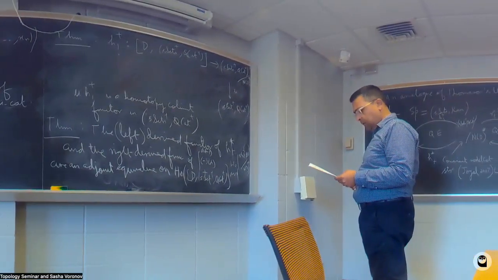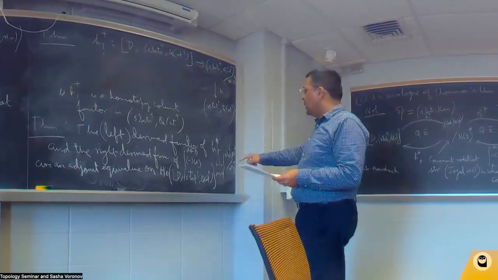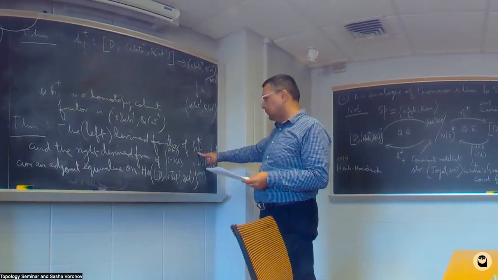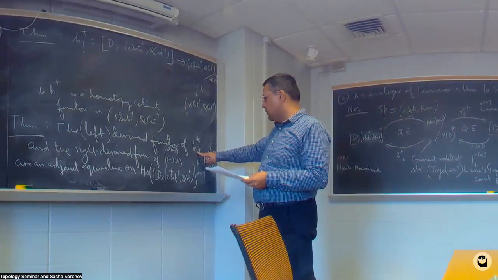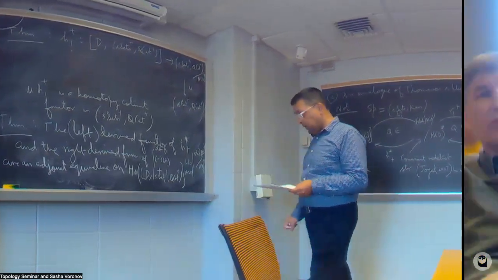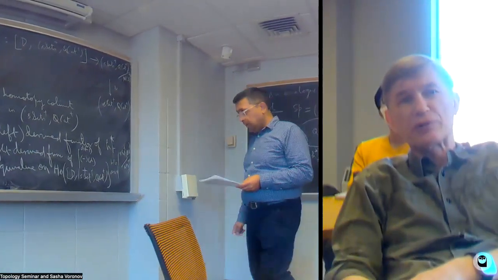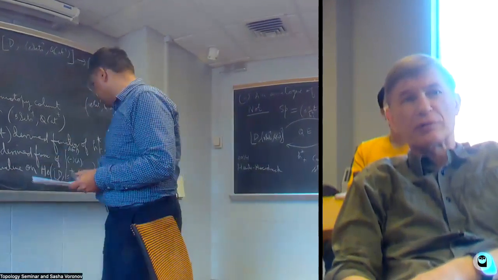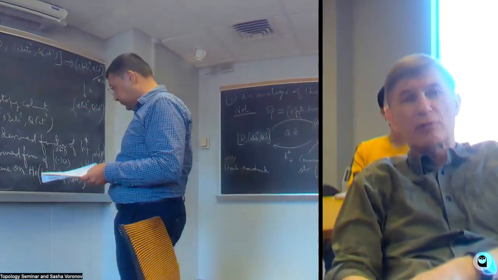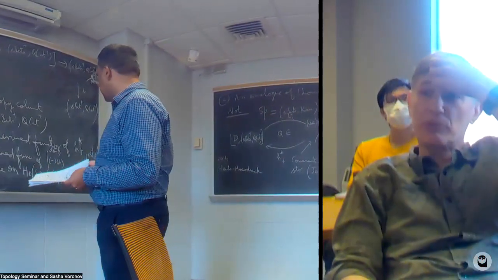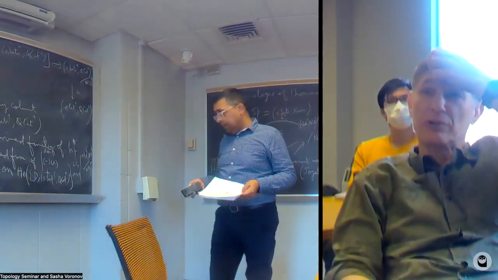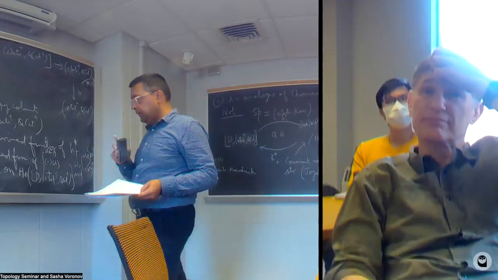Yes. These two. So then it should be the right. Yes, this is the right functor. That is correct. Maybe you meant to say something else about the previous functors. No, this is correct.